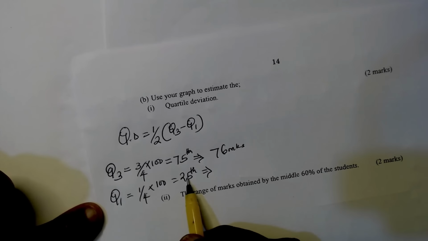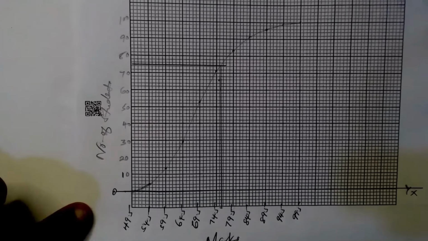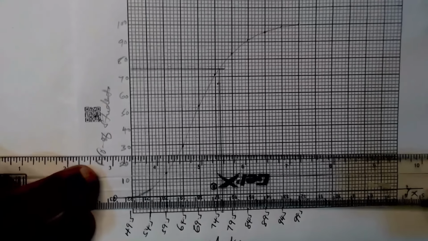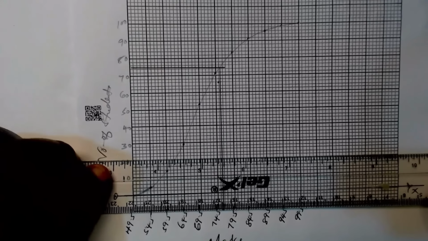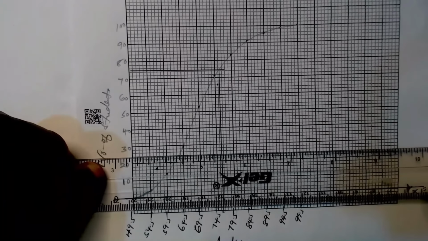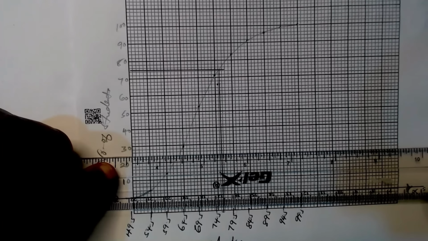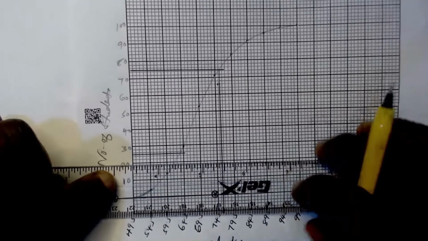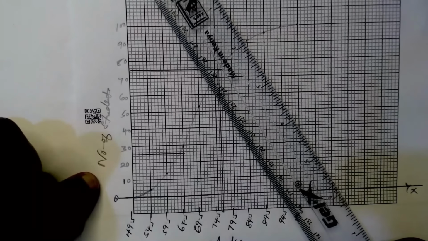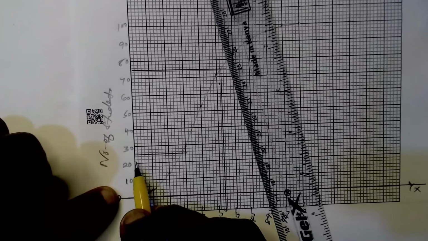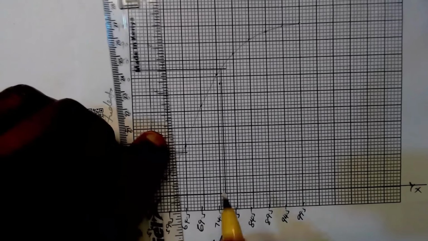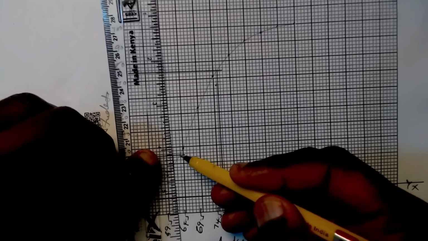Then we read the 25th. So for the 25th, we do the same. We identify the 25th. The 25th is here. So the 25th mark again on the center there, draw a straight line like that up then to the point where it touches the curve. This is the point here.